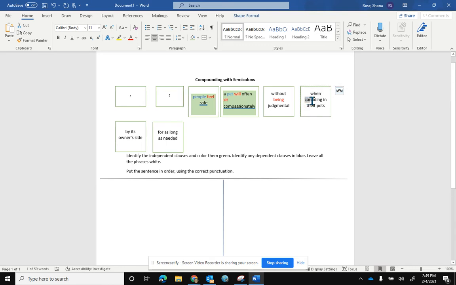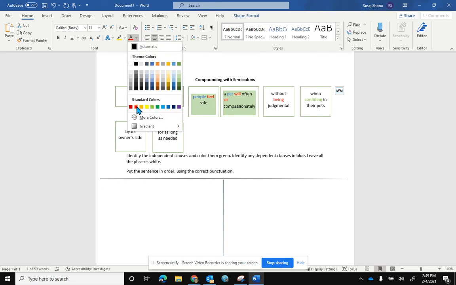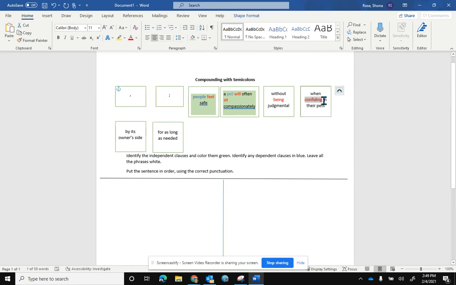So, confiding, well, that's something we do. That's a verb. And do the pets confide? No, they're not confiding. That they're confiding in something else is there. So what we see in this piece right here is that there is no subject in here. So it can't be a clause, either dependent or independent, even though it has a verb in it. And then we have these two right here, which are prepositional phrases.